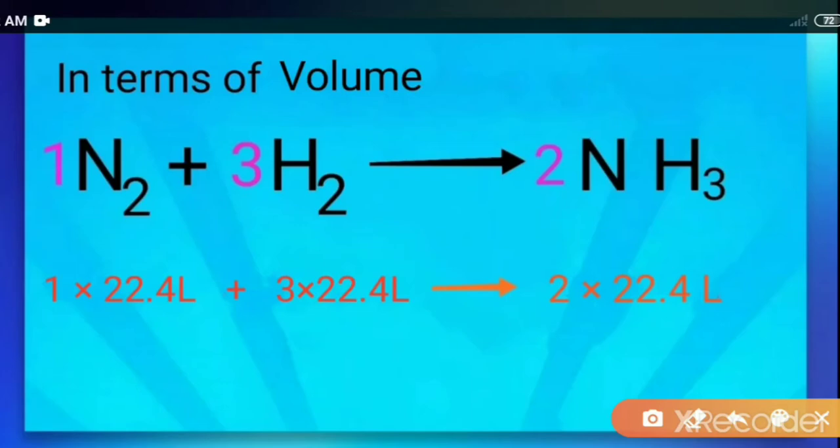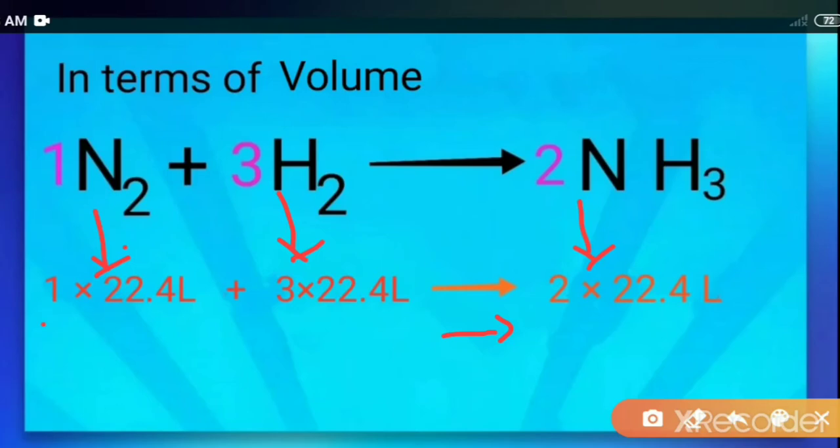1 N2 means 1 mole of N2, and 1 mole has 22.4 liters. So we can say that 1 into 22.4 liter of nitrogen combines with 3 into 22.4 liter of hydrogen to give rise to 2 into 22.4 liter of ammonia.